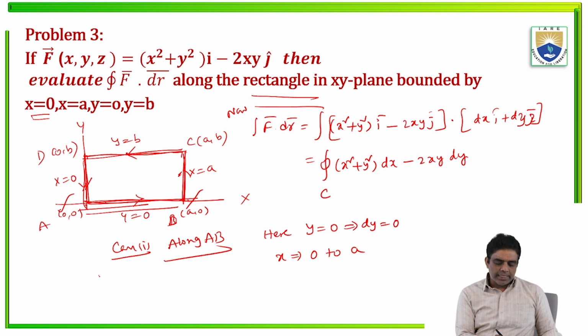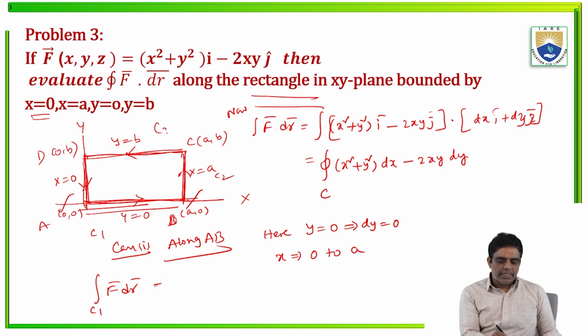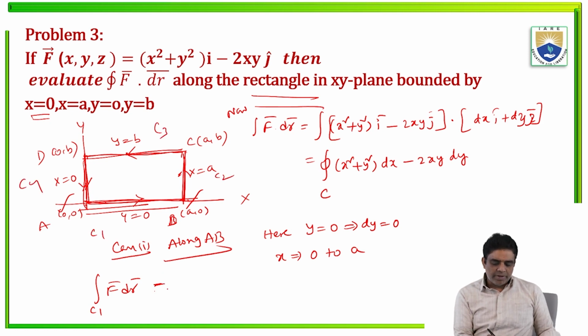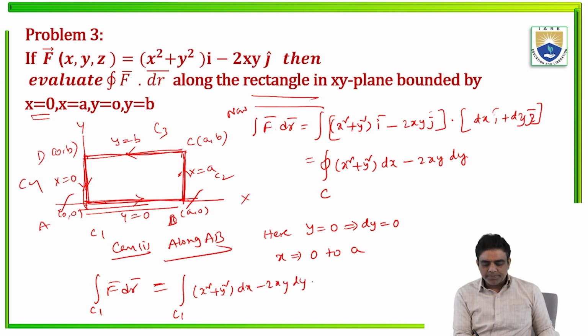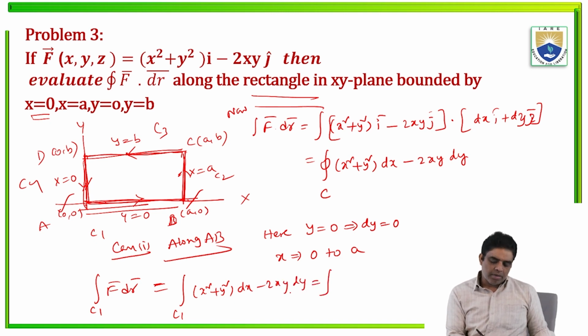So on substituting, the integral of F bar dot dr bar along C1. Let us call the sides C1, C2, C3, C4. Along C1, the integral of F bar dot dr bar is the integral of (x square plus y square) dx minus 2xy dy. On substituting y equals 0, and dy equals 0, the second term is 0.